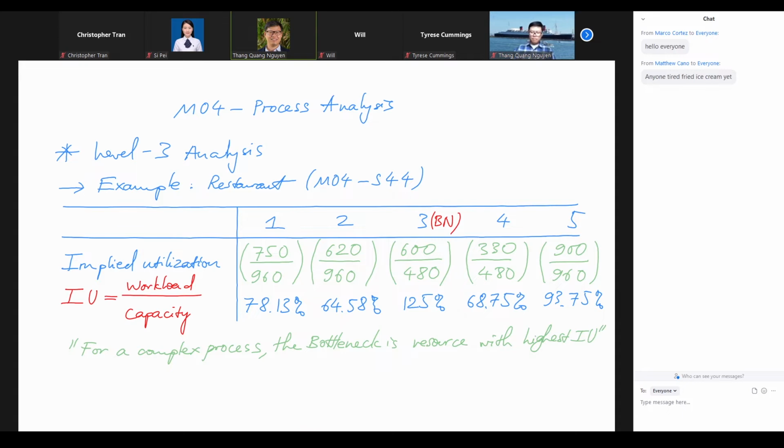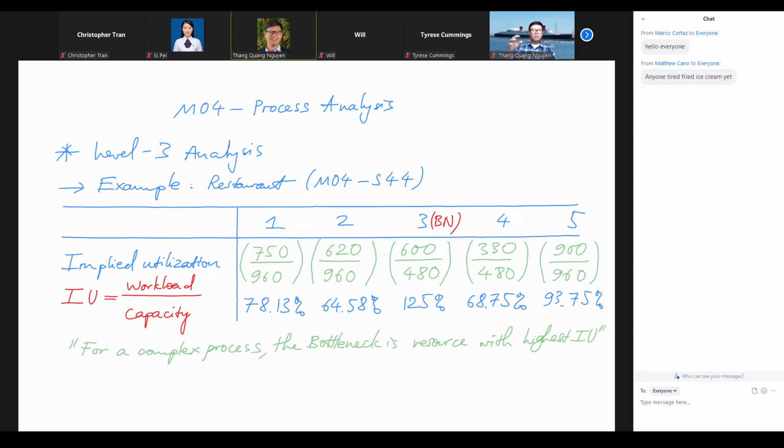Okay, what does that mean? So if all the IU are below 100%, let's take that first example. Then even though they are all under 100%, at least one of them will have to be the bottleneck, right? So just look for the highest IU, then we can identify the bottleneck resource.